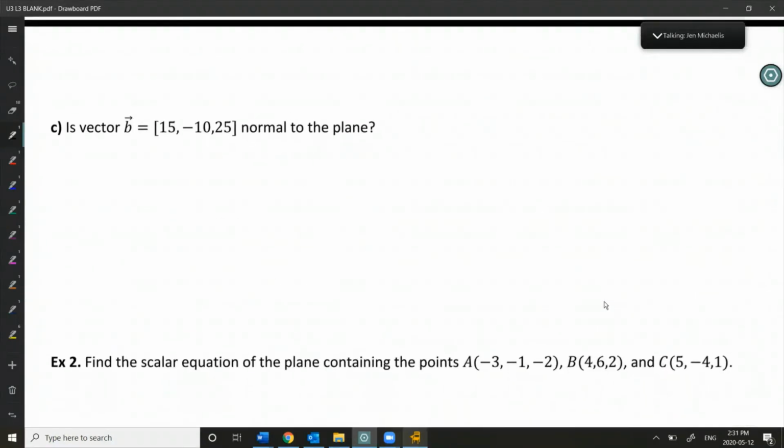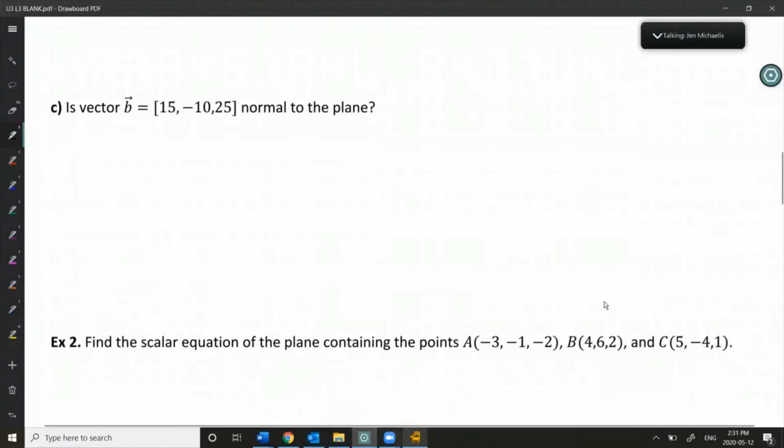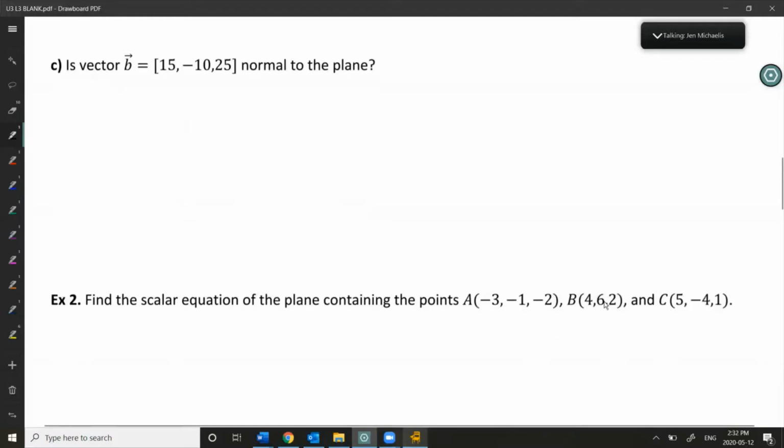Is vector B, 15, negative 10, 25, normal to the plane? Now, we know that there is basically a unique normal to my plane. I could technically have its opposite vector, which could also be normal to the plane, depending on which way it's coming out from the plane, the top or the bottom. Anything else should basically be a collinear vector to my normal vector.